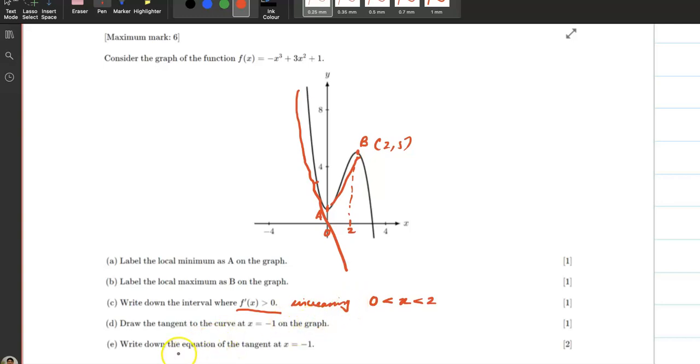Write down the equation of the tangent. That gives you the answer also. You need to set it up and your derivative should be on. Now sketch, tangent, x is equal to minus 1. Enter. That will give you the derivative. Enter again. It will give you the equation of the tangent.